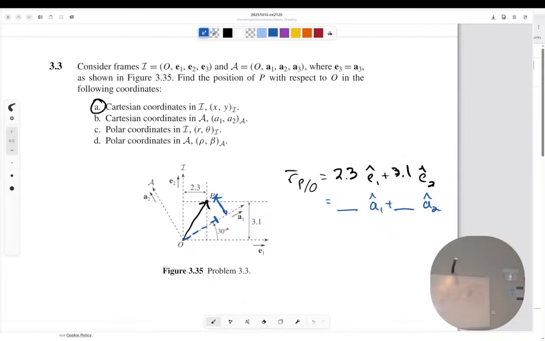What do you think? I think we're going to have to do this similarly.